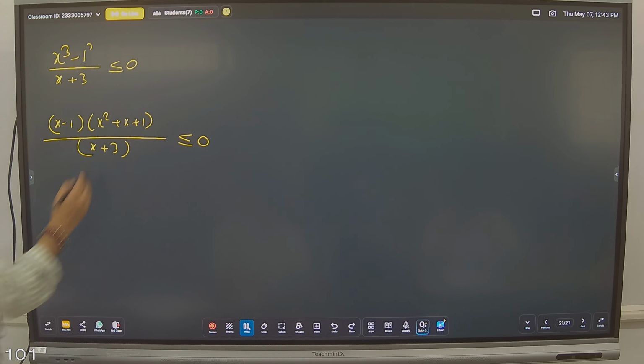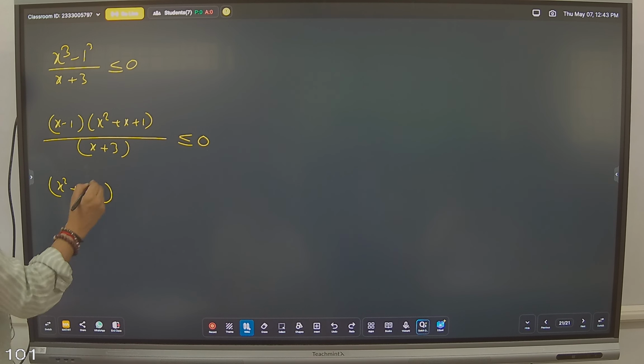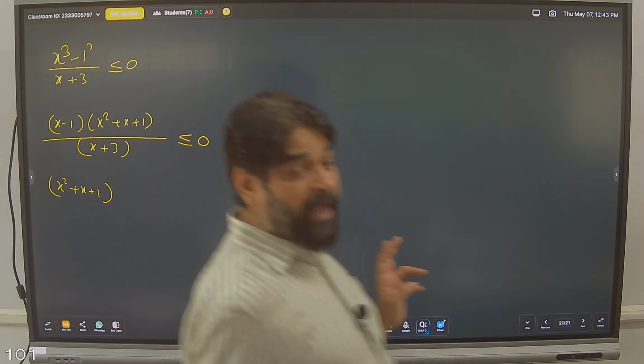Now, this cannot be factorized. Immediately think about x square plus x plus 1. What is the discriminant of this? Minus 3, negative. What is the coefficient of x square? Which case is matching?